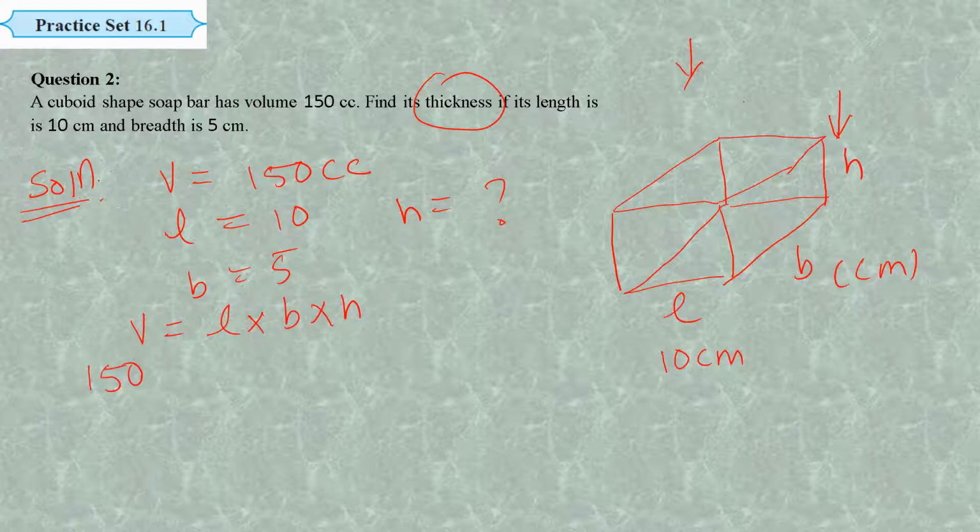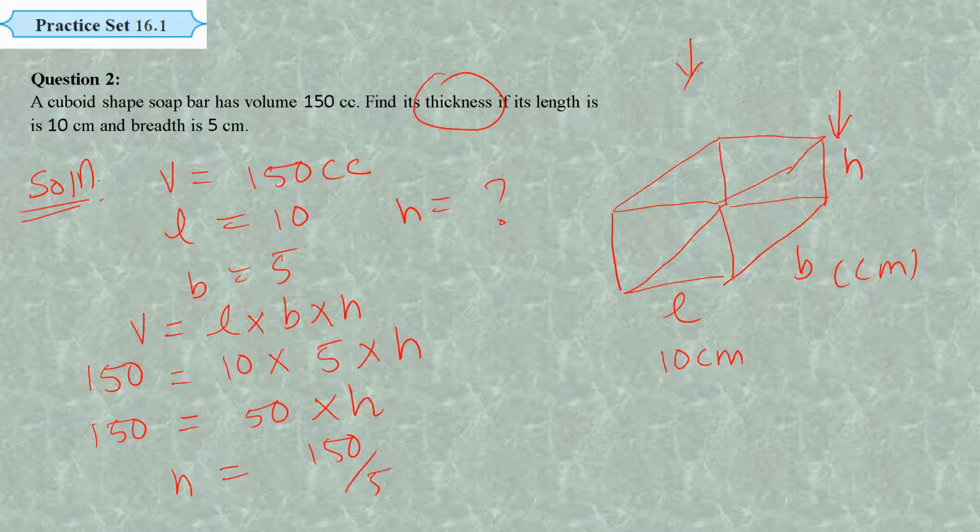Volume is 150, length is 10, breadth is 5, and height has to be found out. So we have 150 is equal to 50 into h. Dividing both sides by 50, we get h is equal to 150 divided by 50, which will give you 3. So from here you can say that the height of the soap will be 3 centimeters.